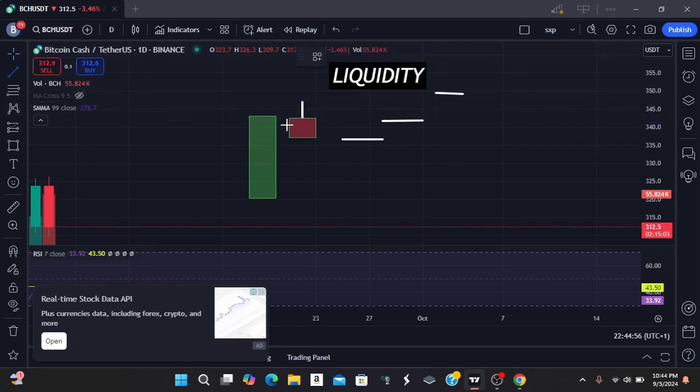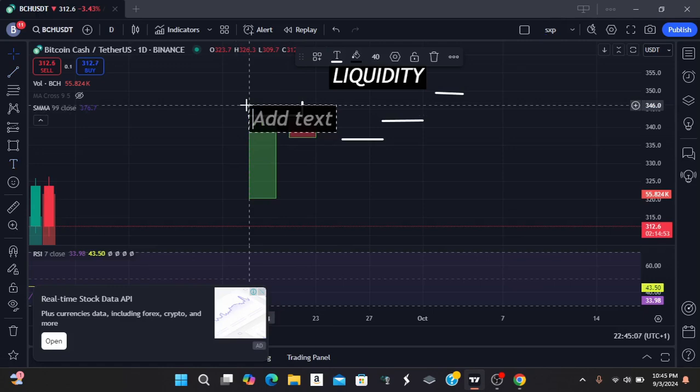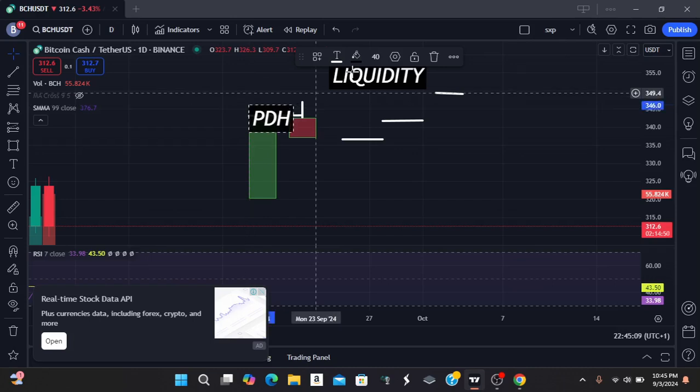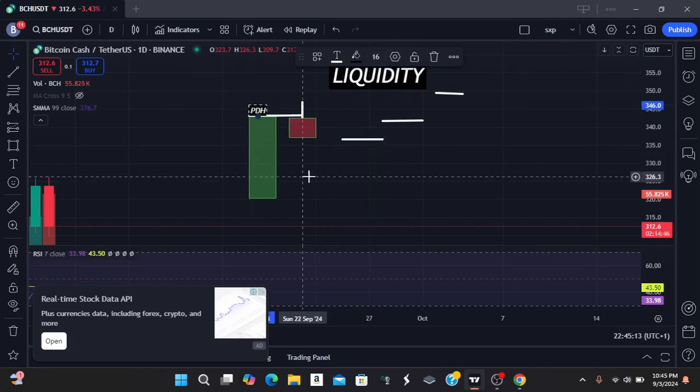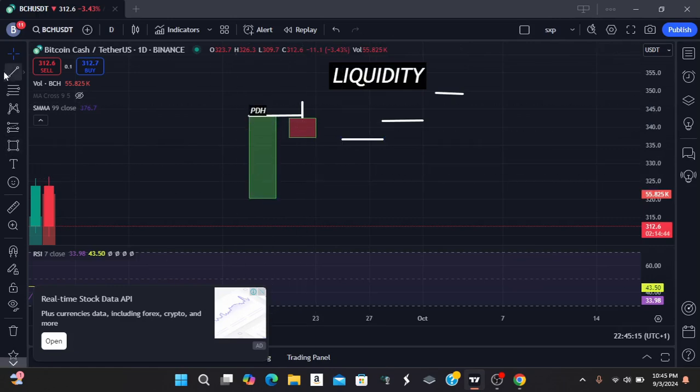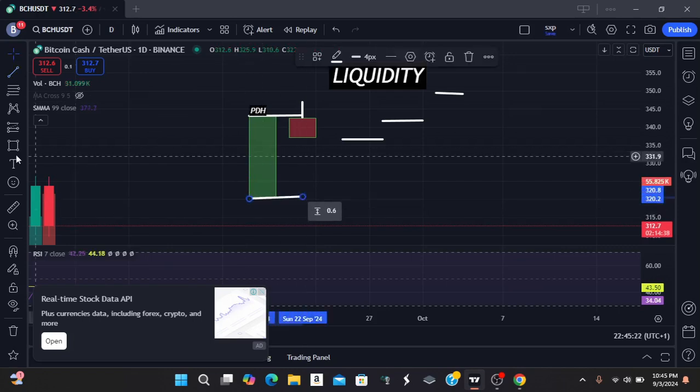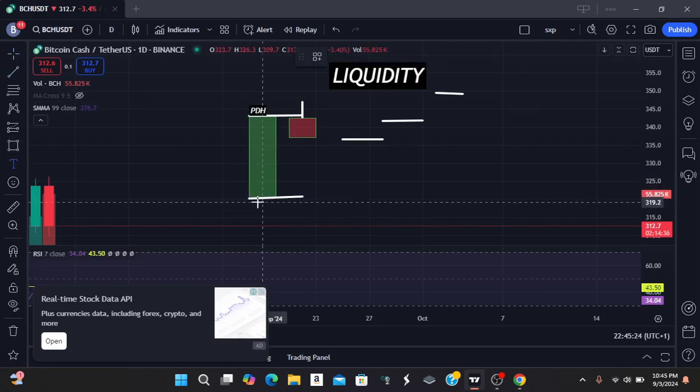So this wick actually took out the previous day high. Let's call this PDH. All right, let's reduce the size of the text to 16. This is the previous day high, and we also have the PDL, which is the previous day low. So let's label here the previous day low, PDL.